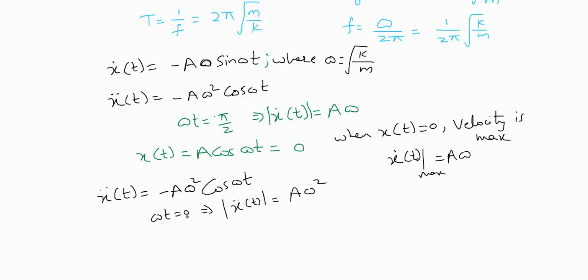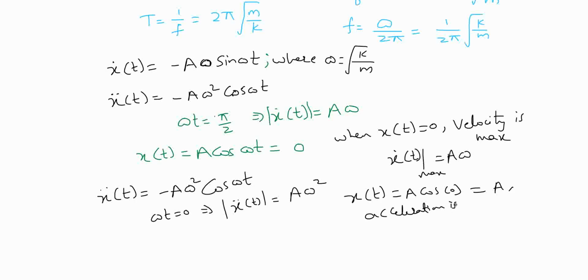So we have to substitute omega t equal to 0 in x of t. So when x of t equal to A cos 0, it is equal to A. So this is where acceleration is maximum.